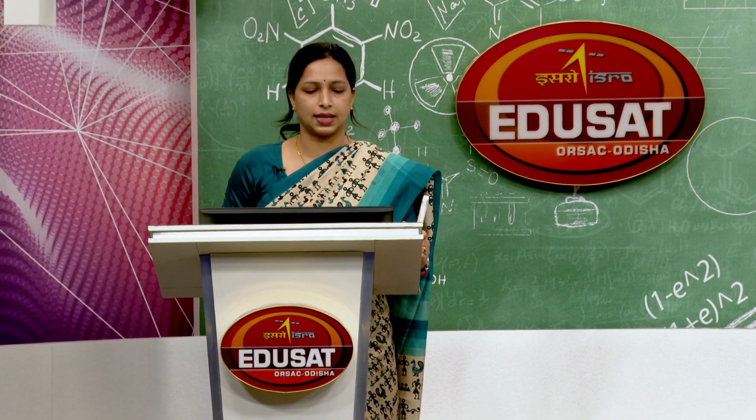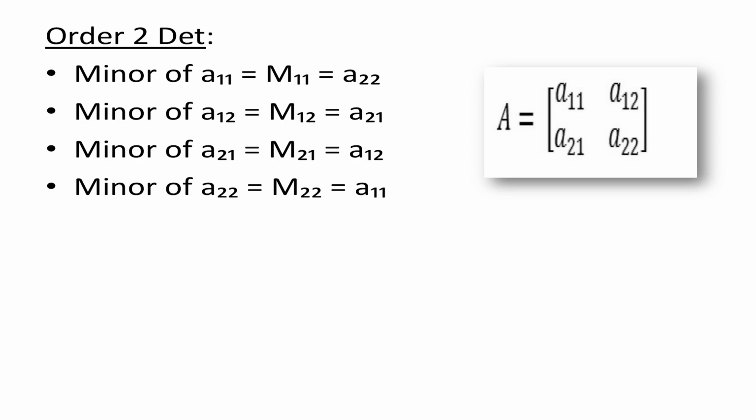As you can see in the slide, I have shown you an order 2 determinant. The elements are A11, where 11 signifies row 1 column 1, A12 signifies row 1 column 2, A21 means row 2 column 1, A22 means row 2 column 2, right. Now, how do we find the minors of these elements?